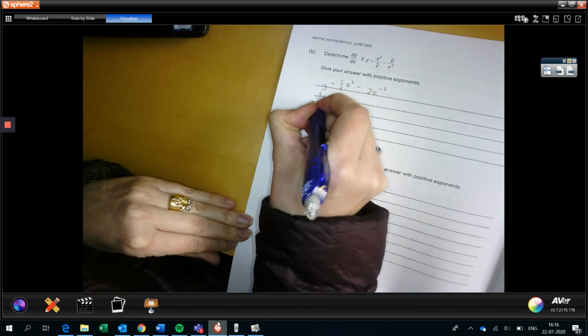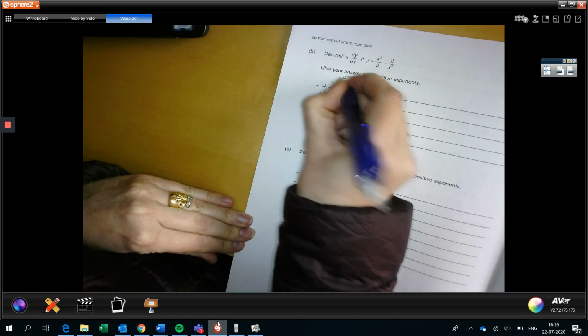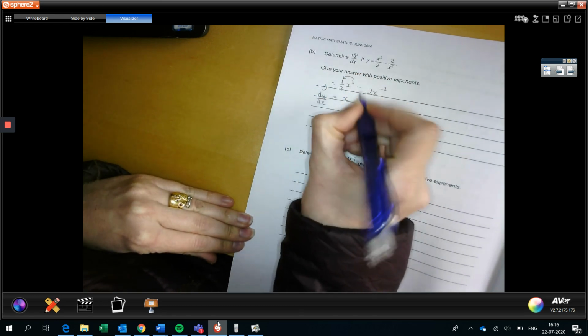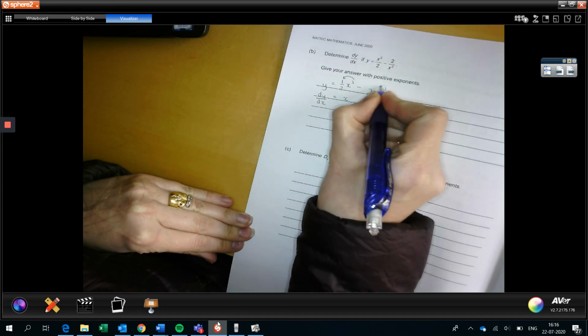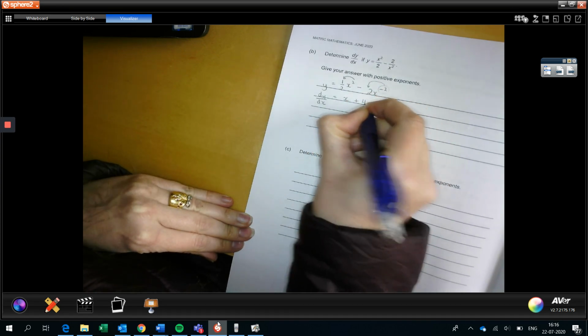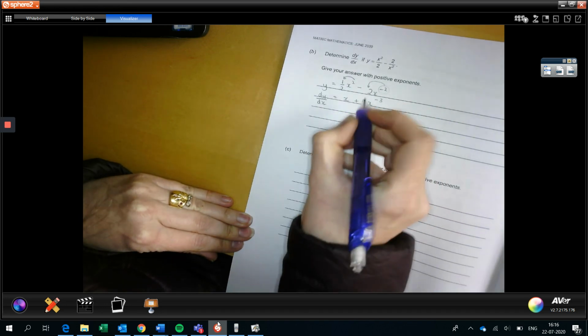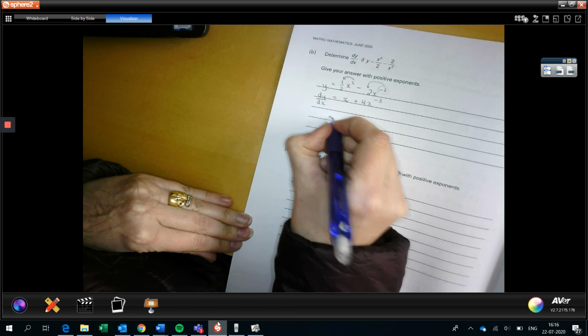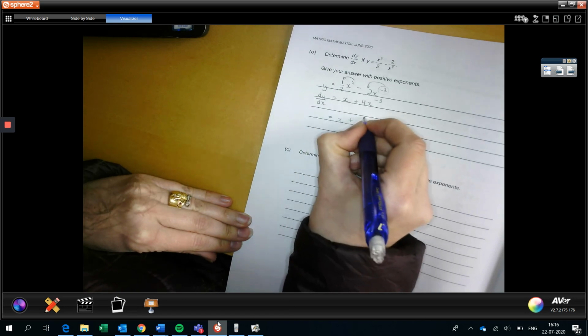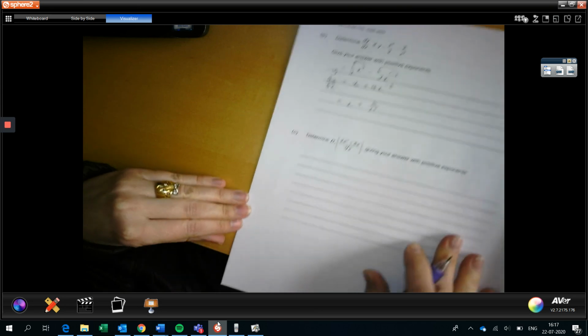So dy by dx, we multiply the 2 by the half, and we get 1, and we subtract 1 from the exponent. We multiply the negative 2 by the coefficient, we get plus 4x, we take 1 away from the exponent. And we were told to give answers with positive exponents, so I need x plus 4 over x cubed to get all my marks.